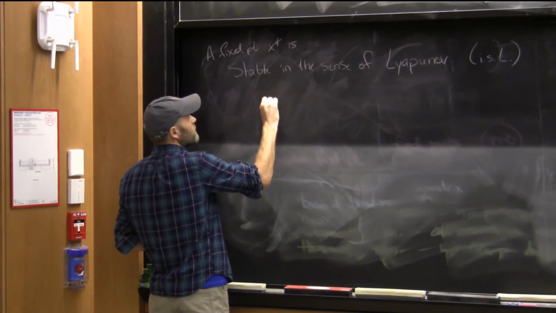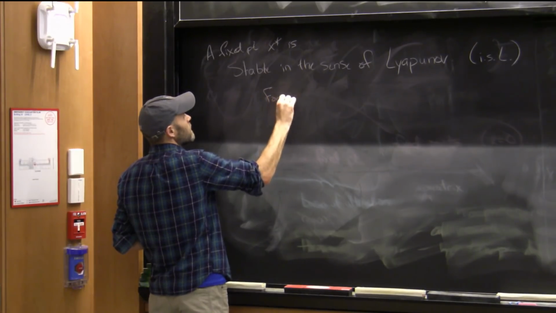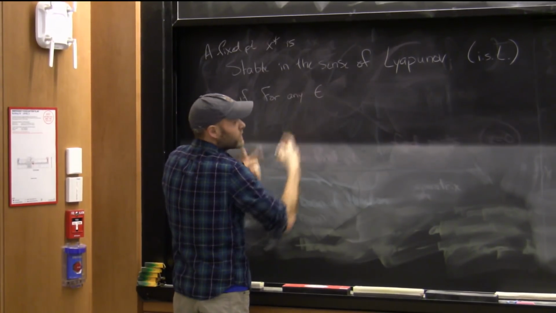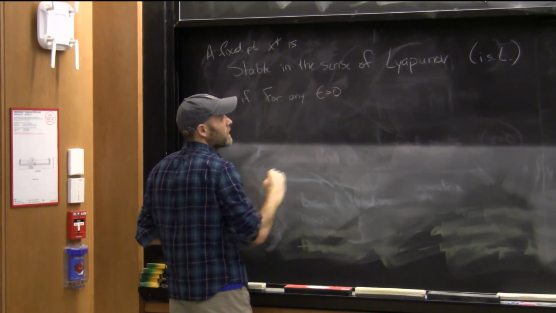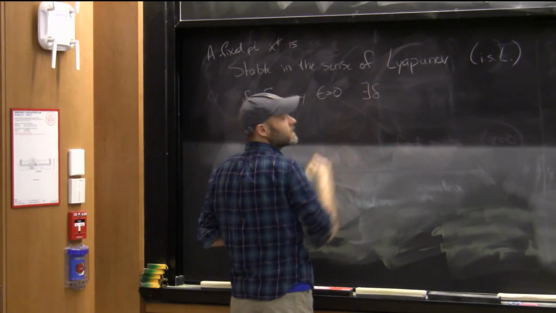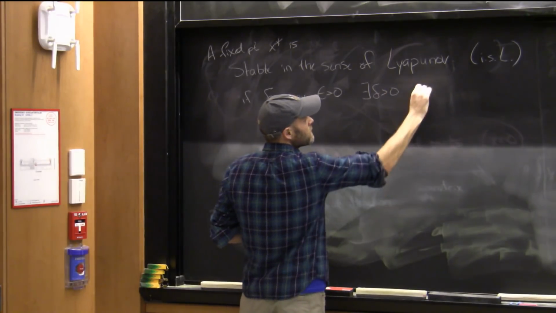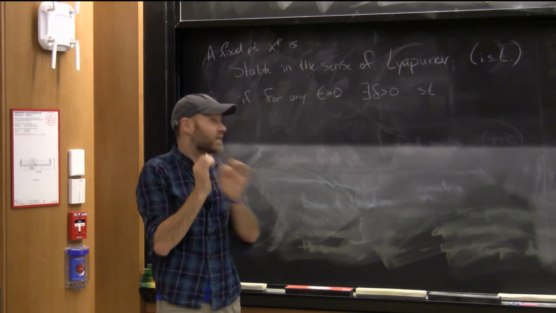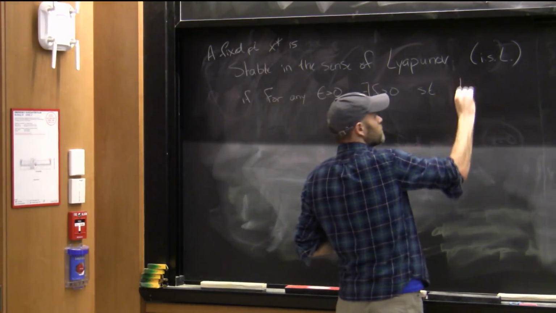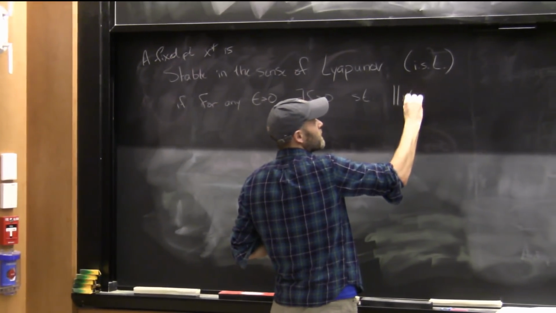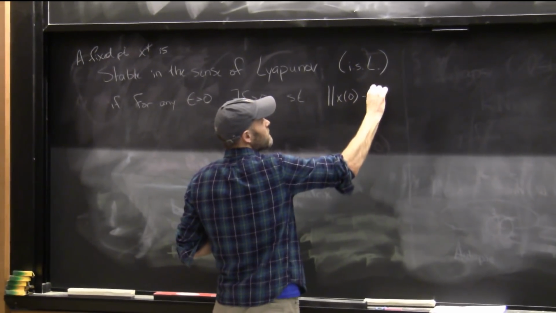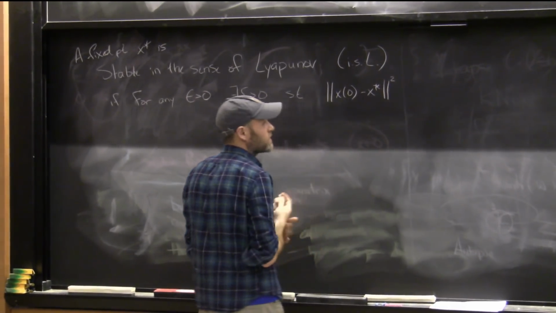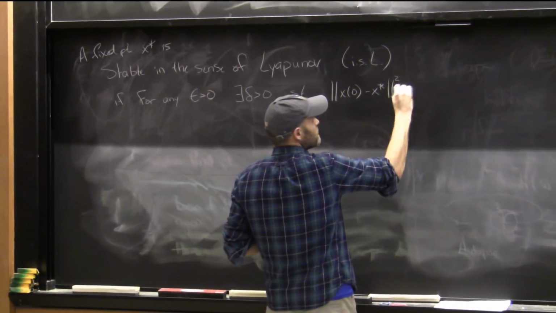Okay, so for any small number epsilon greater than 0, there exists a delta greater than 0, such that if my initial condition is inside the delta, if x at time 0 minus the fixed point in some norm, you can call it the Euclidean norm if you like, is less than delta.